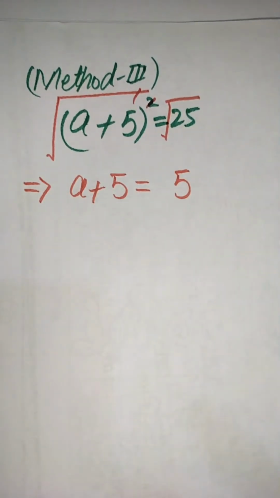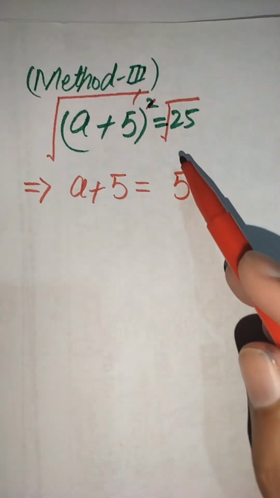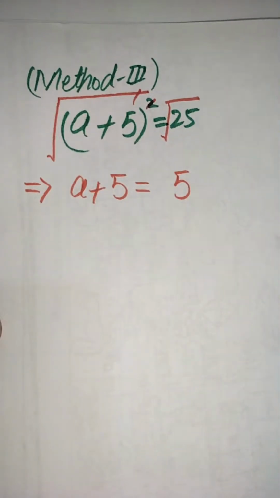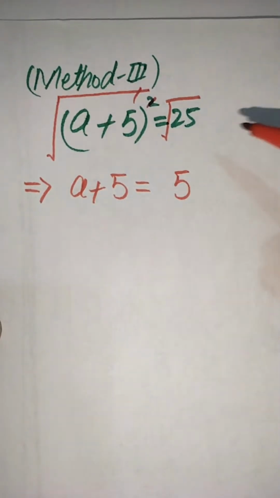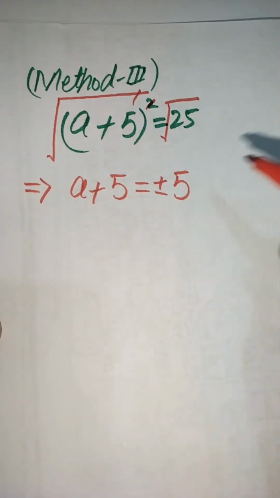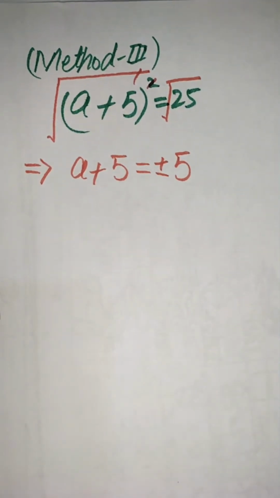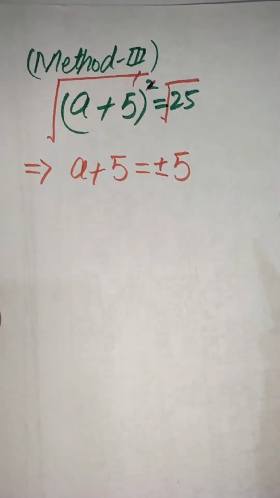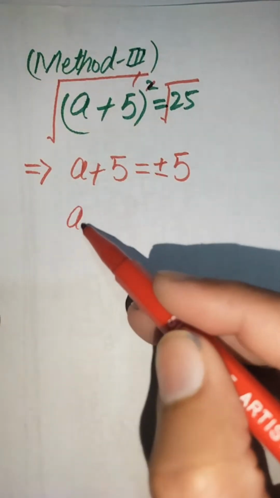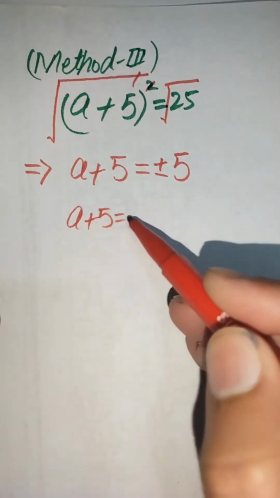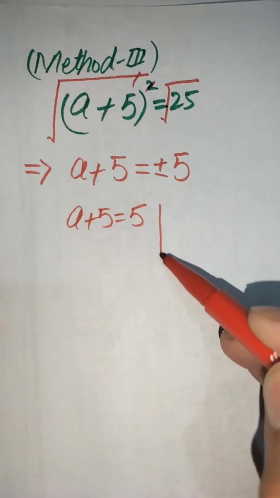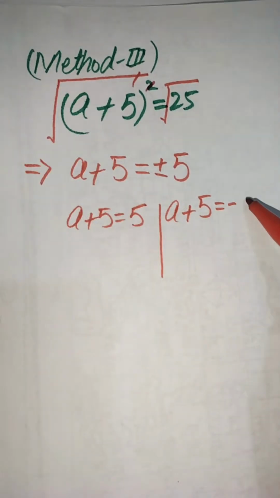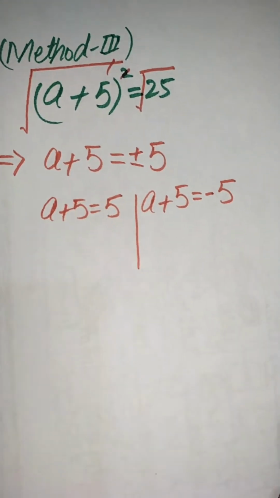Further, when we apply square root on both of the sides, we write a plus minus sign on any one side, so we write plus minus on the right hand side. Now we break this equation into two cases. In our first case we write a plus 5 equals positive 5, and our second case is a plus 5 equals negative 5.